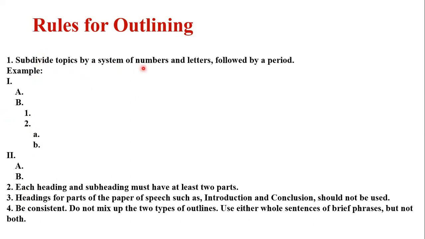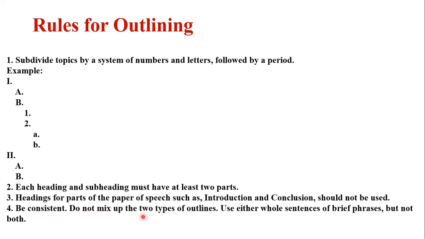Subdivide topics by a system of numbers and letters followed by a period. Each heading and subheading must have at least 2 parts. Headings for the parts of the paper or speech, such as introduction and conclusion, should not be used. Be consistent.